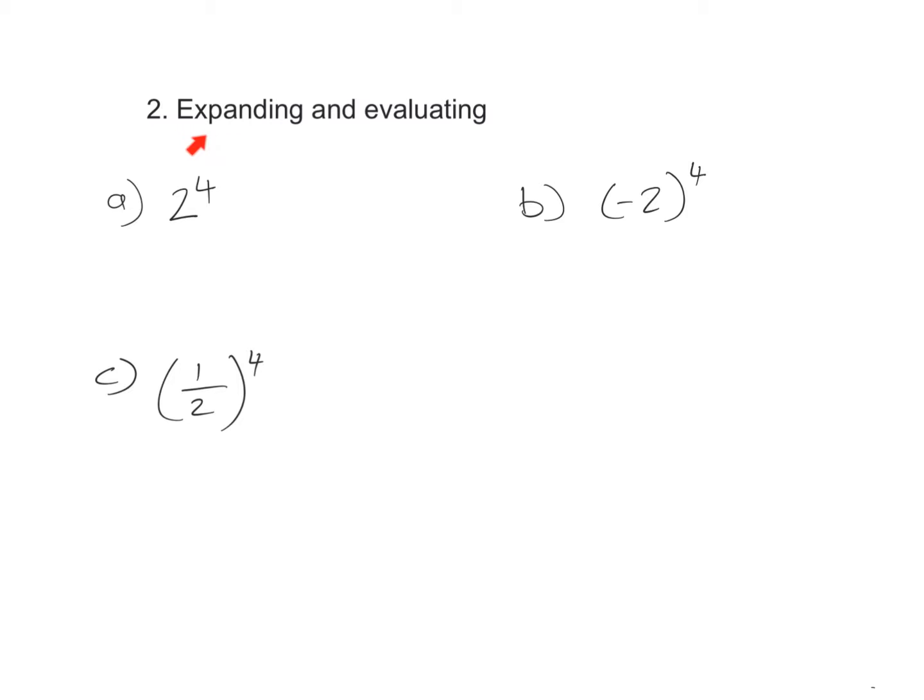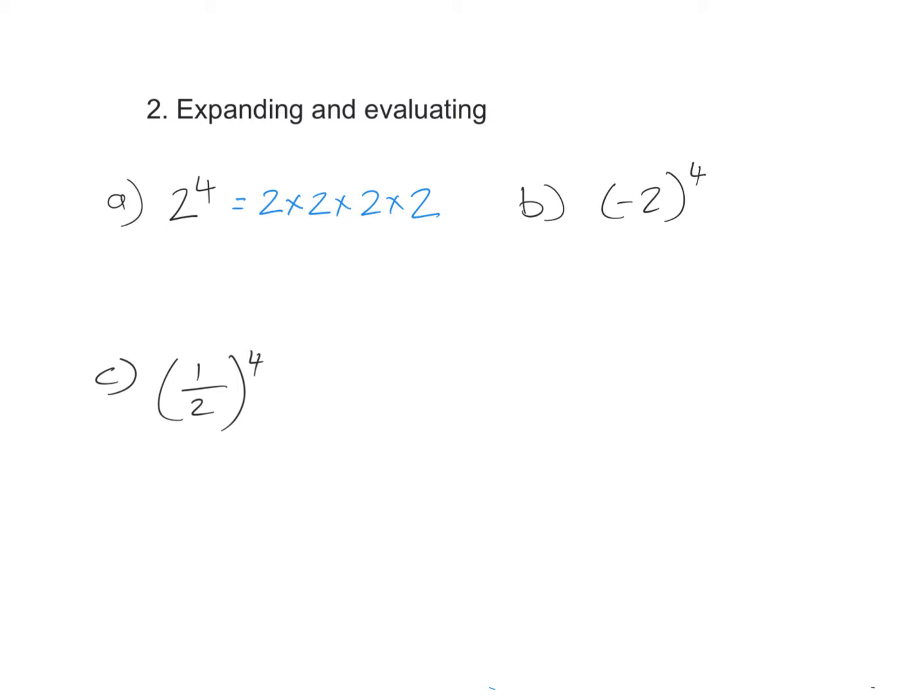Well, now that we know how to expand, how about evaluating these equations over here? Put the video on pause, give it a go, and come back when you're ready. Alright, well, the first one, question A, 2 to the power of 4, can be written as 2 times 2 times 2 times 2. Where do I get that from?